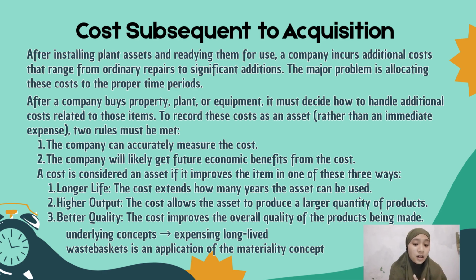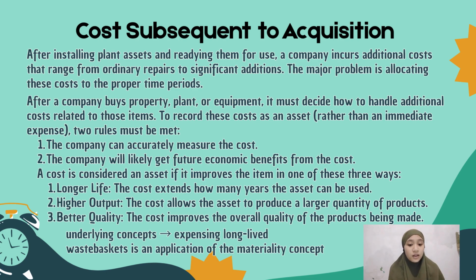A cost is considered an asset if it improves the item in one of these three ways. One is longer life, two is higher output, three is better quality. Longer life means the cost extends how many years the asset can be used. Higher output means the cost allows the asset to produce a larger quantity of product. The third one is the cost improves the overall quality of the product being made.